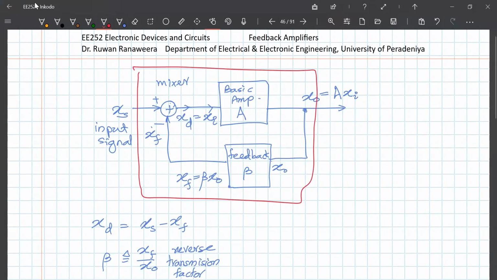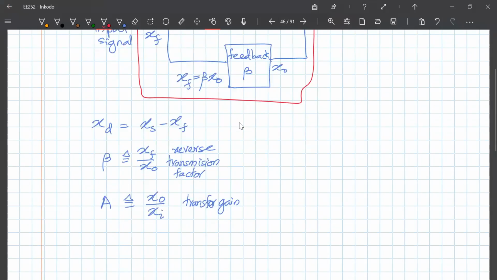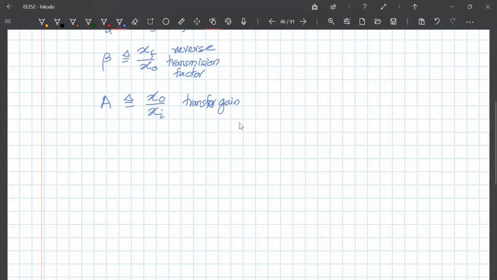The input to that system is XS, the output is X out. That ratio we call the gain with feedback. We define it as X out over XS.